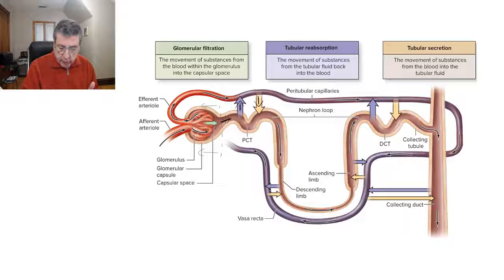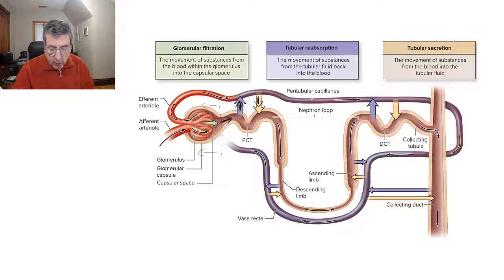Okay, once it's in your system, and then your body through the kidneys filters it out and it becomes this tubular fluid. Okay, if we want to bring those nutrients or those various ions, whether it's sodium or calcium, whatever, and we want to bring them back into the body and not pee it out, we have to then reabsorb them. Okay, so the purple arrow on this one is referring to reabsorption or tubular reabsorption.